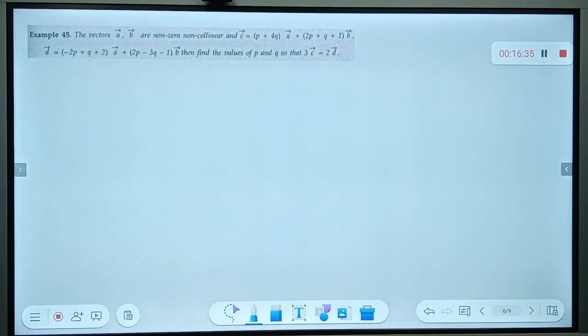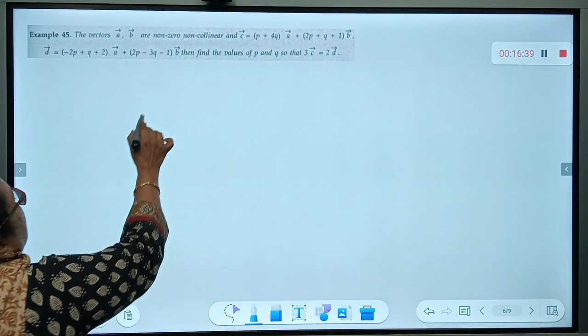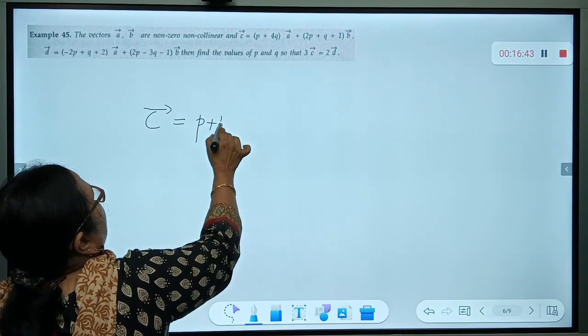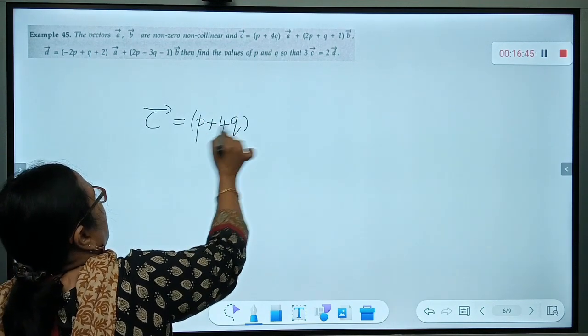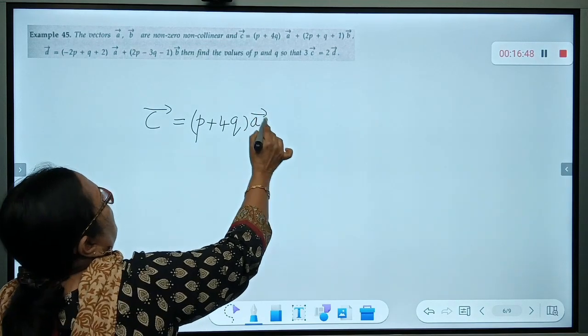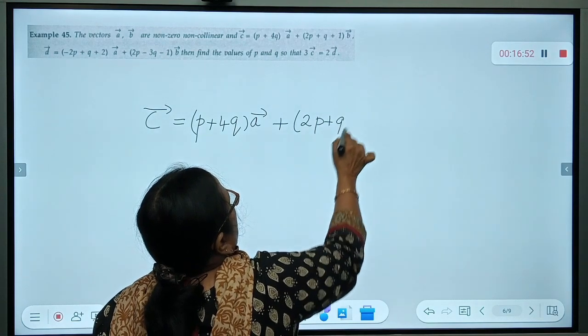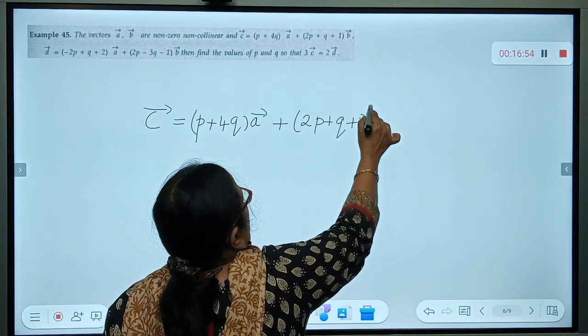The vectors A and B are non-zero, non-collinear vectors, and C vector is given to be (p plus 4q) times A vector plus (2p plus q plus 1) B vector.